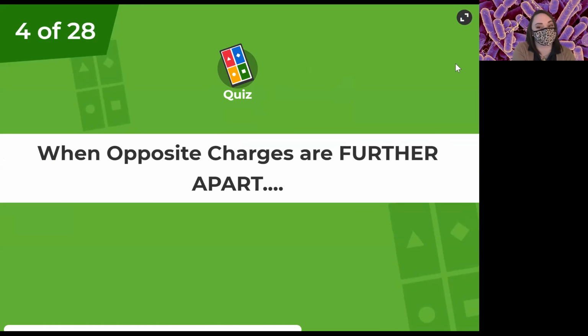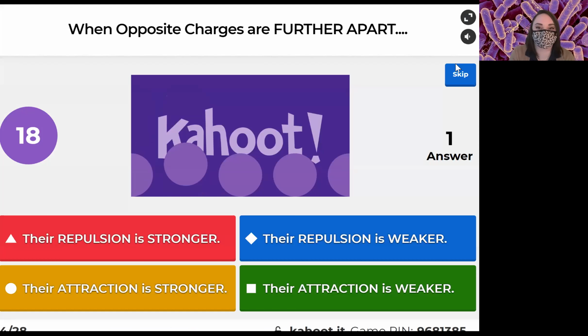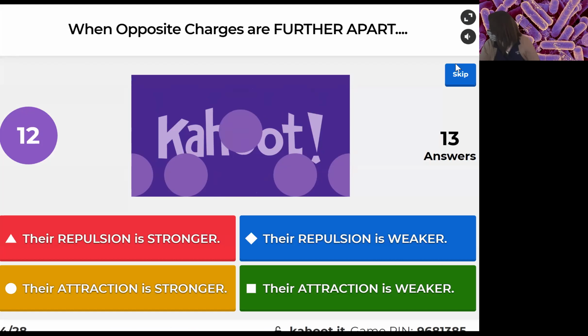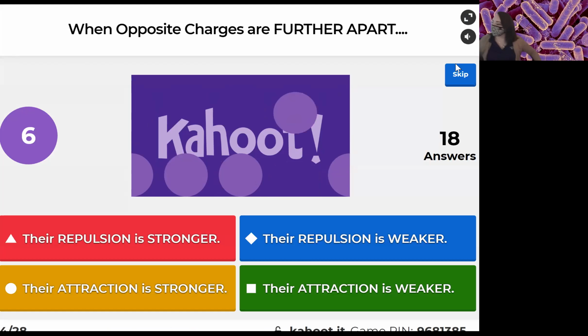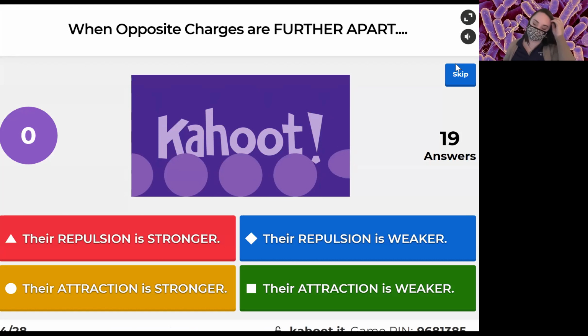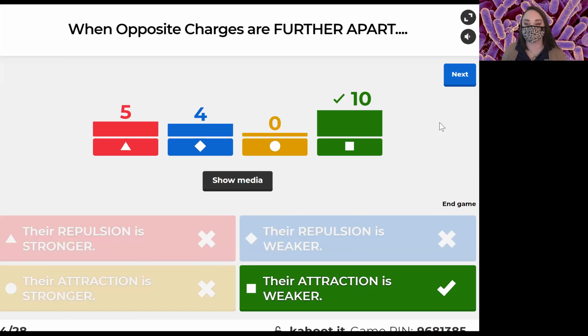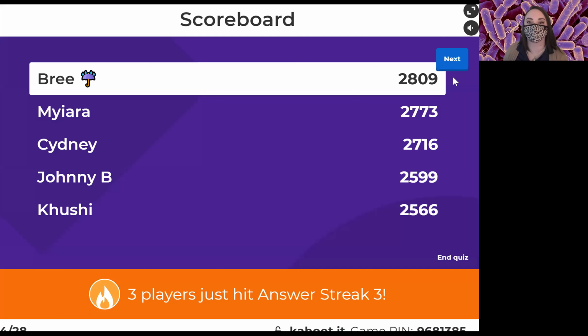When opposite charges are further apart, their attraction is weaker.